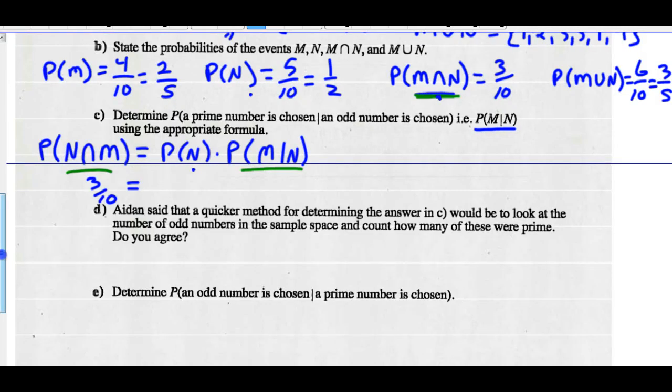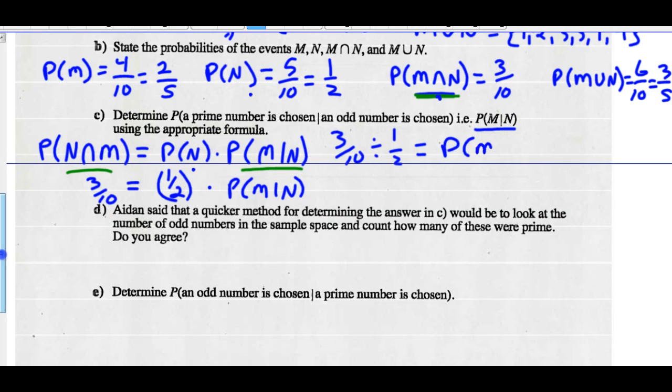So 3/10 equals probability of N, which is 1/2, times the probability of M given that N has occurred. So you have to divide both sides by 1/2 then. So 3/10 divided by 1/2 will be the probability of M given N, or 3/10 times 2/1. So 3/10 times 2/1 is 3/5.